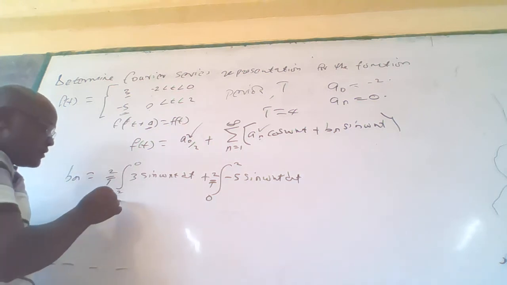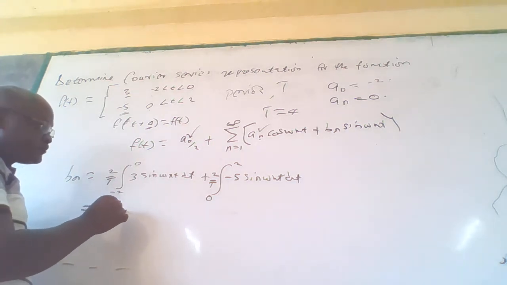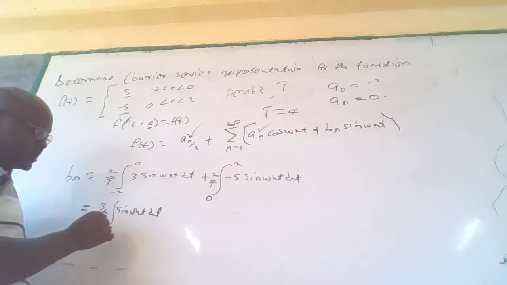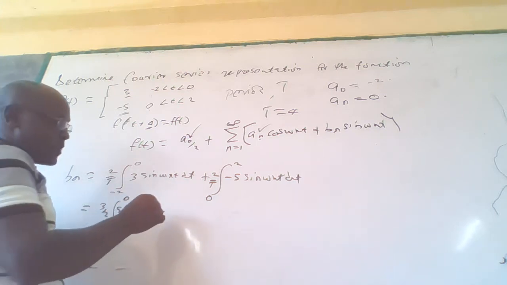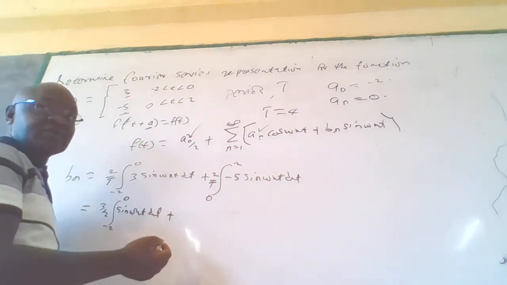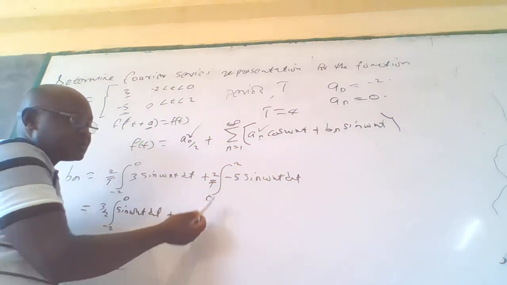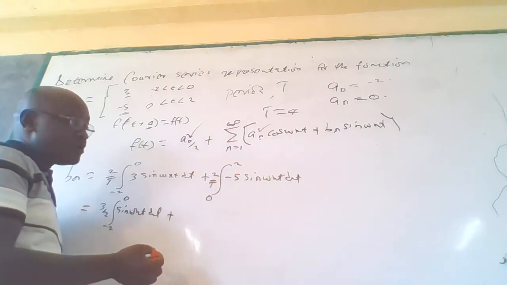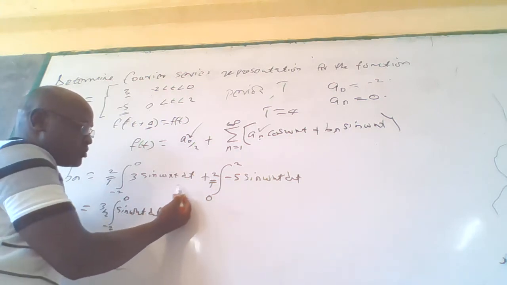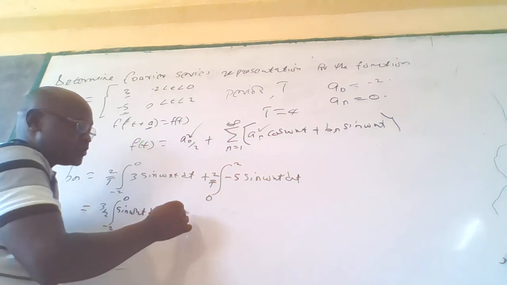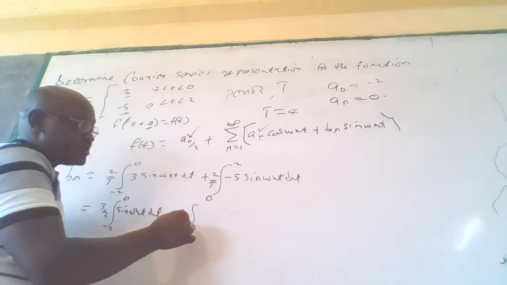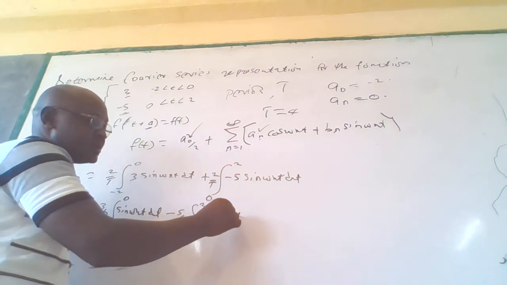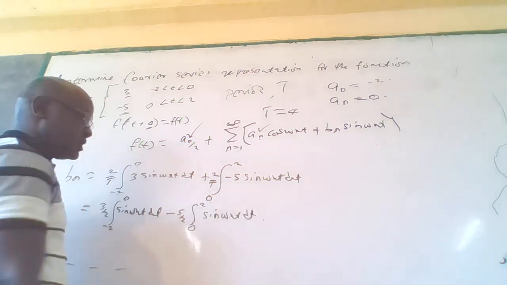Then the integral of sine omega n t dt, of course, from negative 2 to 0. Plus here you take negative 5 outside, to be negative 10 divided by 4, so this will be now minus 5 over 2. Then we are integrating from 0 to 2, sine omega n t dt like that.